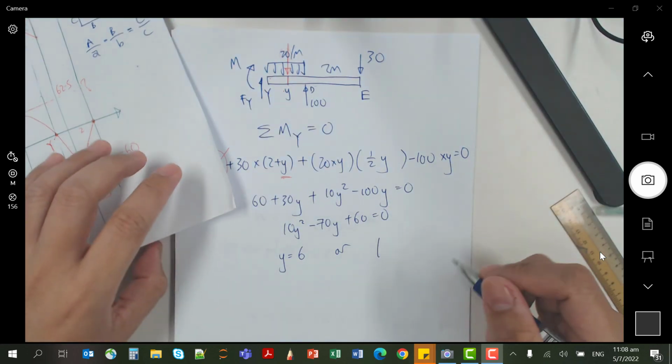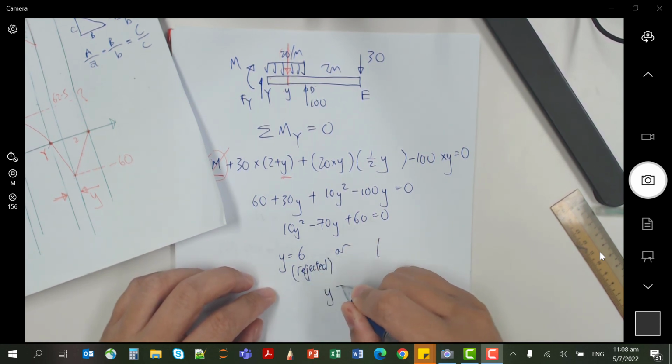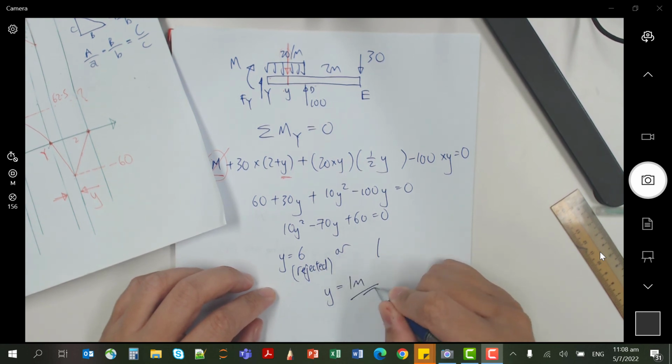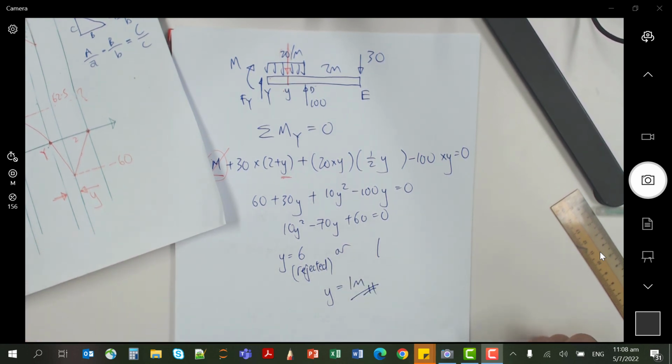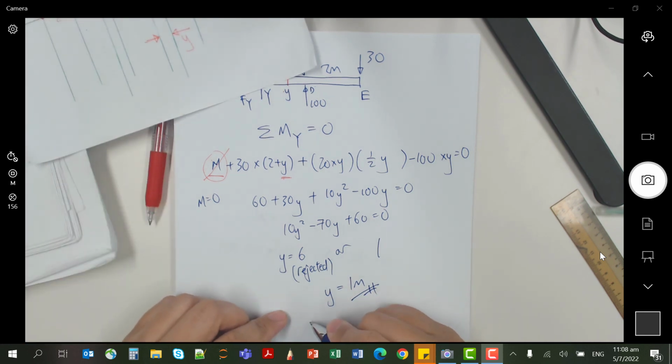So 6 is rejected. So the answer is y equals to 1 meter. This is the point of contraflexion. Again, he's asking for point of contraflexion from D. So this is correct. So it is 1 meter from D.